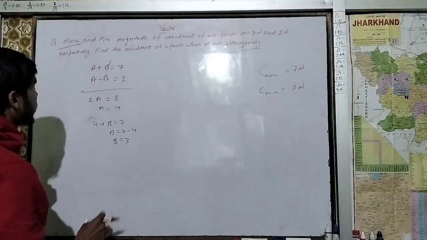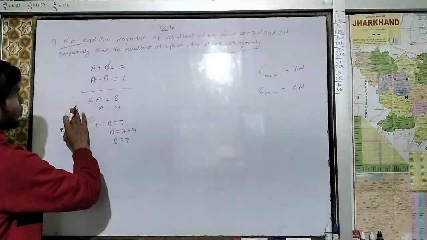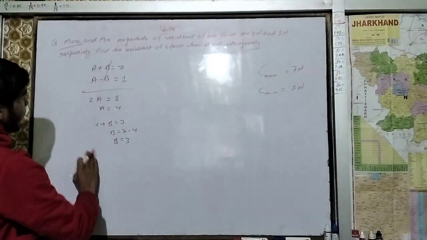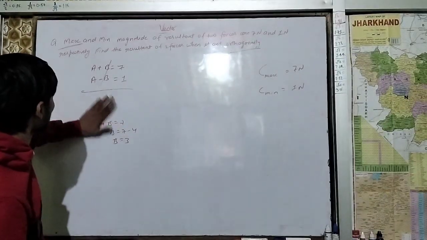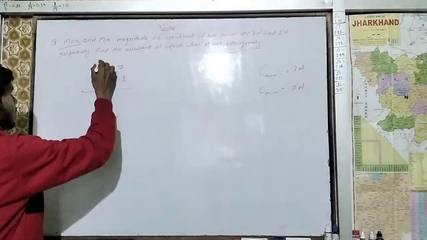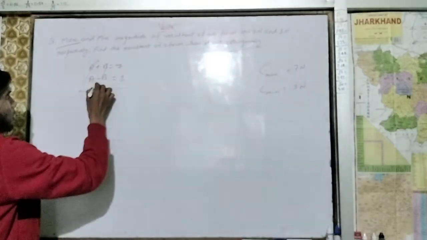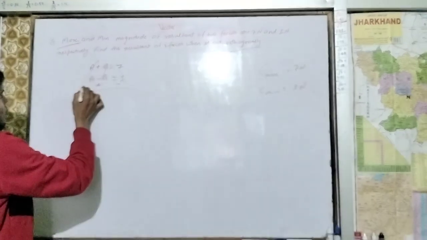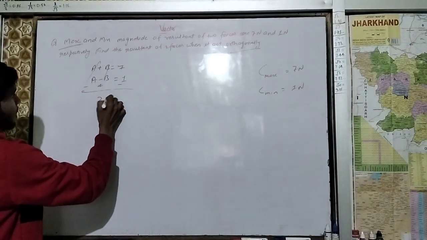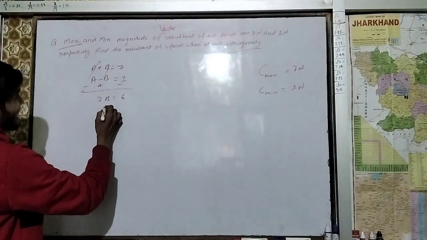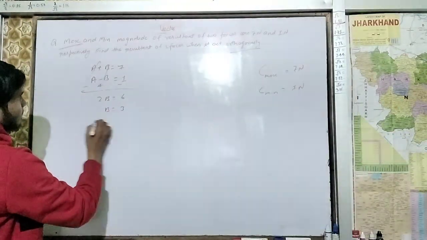Let me check this another way. Here it is plus, and here it is minus, so 2b is equal to 6. So b is coming as 3.